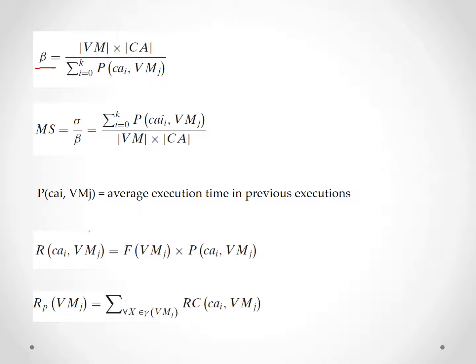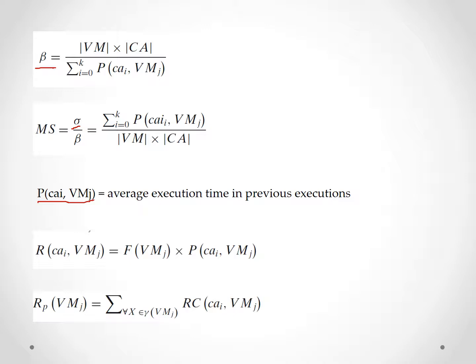And in equation 2, the makespan of all K cloud activities in a scientific workflow is calculated. In this, sigma is the number of cloud activities in the workflow W, the sigma right here. Now, the average execution time in previous executions is denoted by this right here.